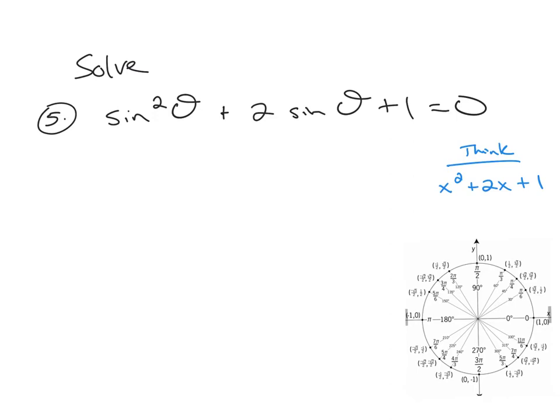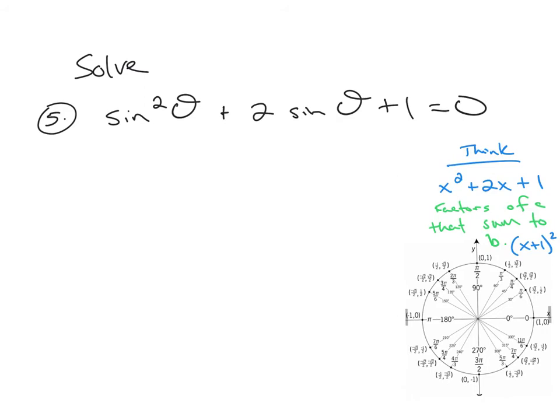Remember, we had that saying, factors of c that sum to b. So what two numbers multiply to 1 and add to 2? It would be 1 and 1. So this would be x plus 1 quantity squared, because it'd be the same thing written out twice.